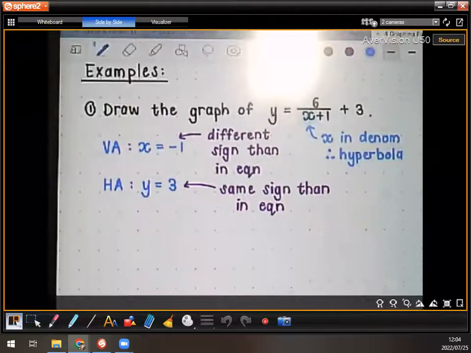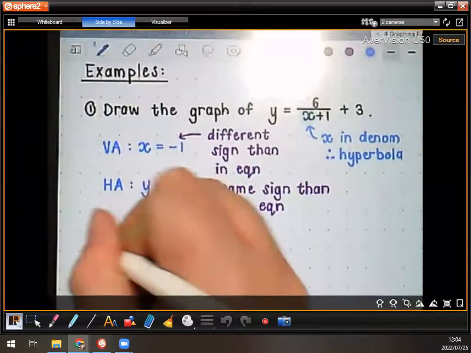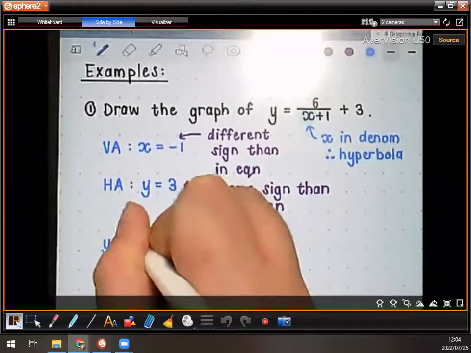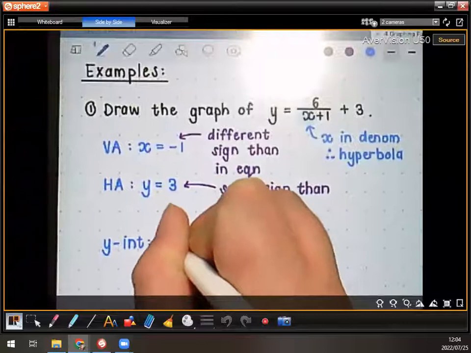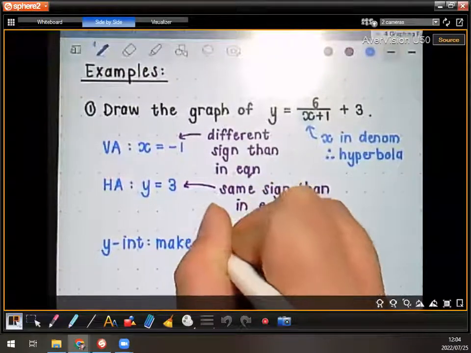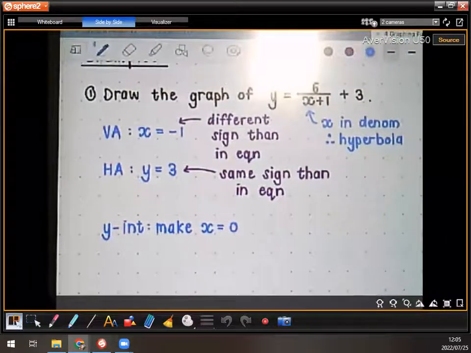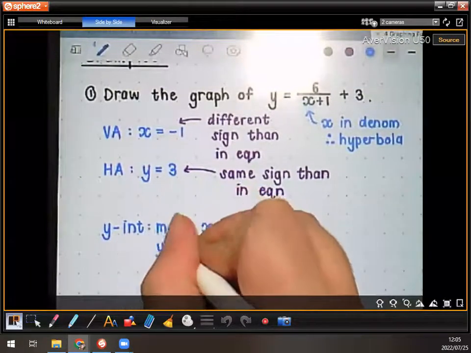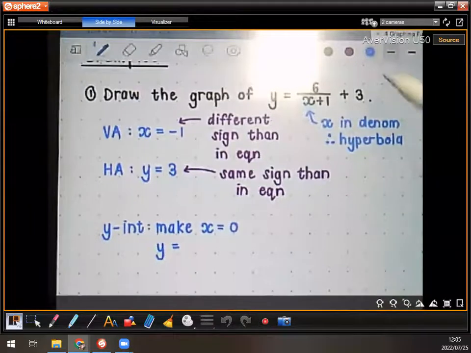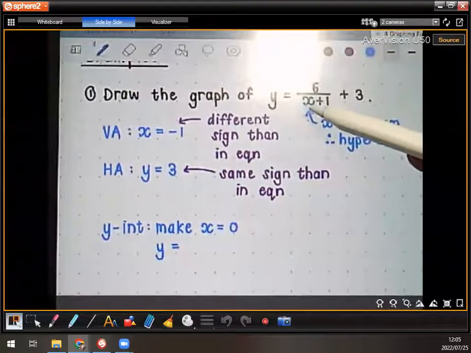Okay, next up, y-intercept. I'm just going to write again that for the y-intercept, we make x equal to 0. We're going to say y is equal to, now we're just taking our equation and instead of x, we're going to put a 0.